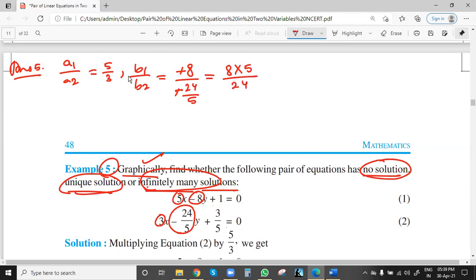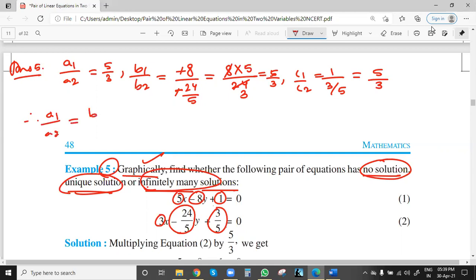This 5 will go up because it is in the denominator; the denominator will go in the numerator. So 8 threes are 24, 5 by 3. And at the end we have C1 and C2. So C1 by C2 will be equal to 1 by 3 by 5. Again, the denominator will go up, 5 by 3. Hence, all are equal. So we can write A1 by A2 equal to B1 by B2 equal to C1 by C2 equal to 5 by 3.